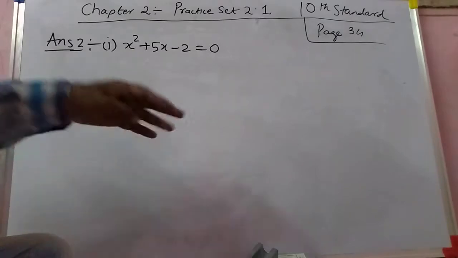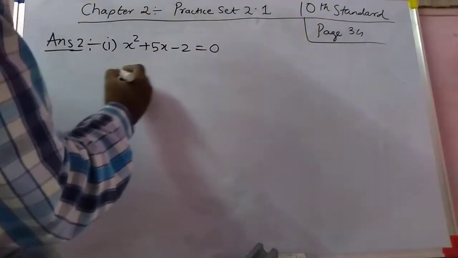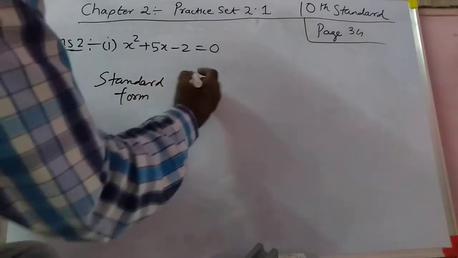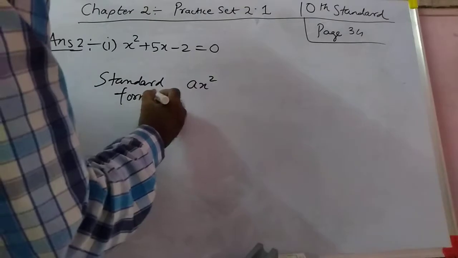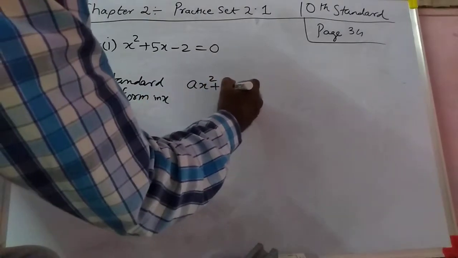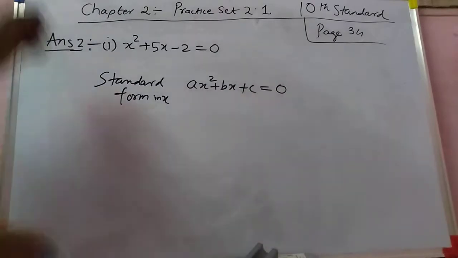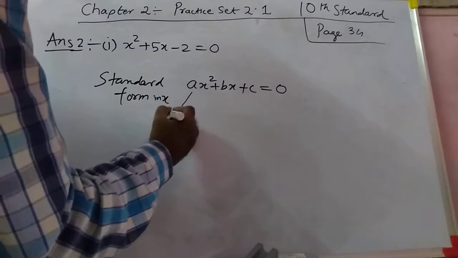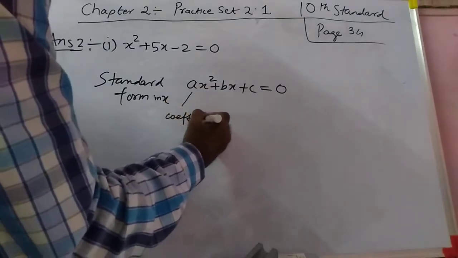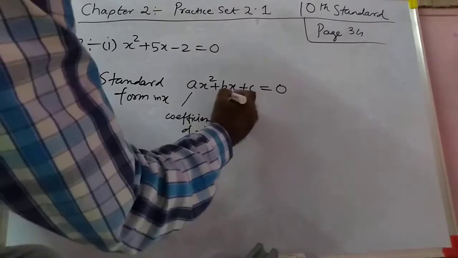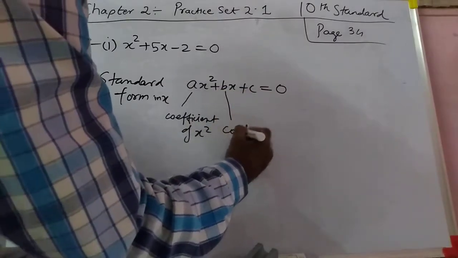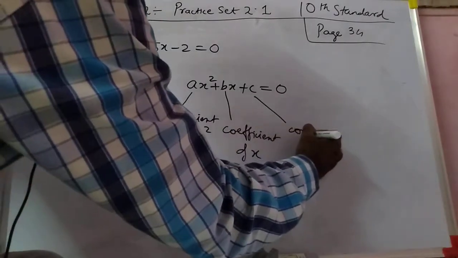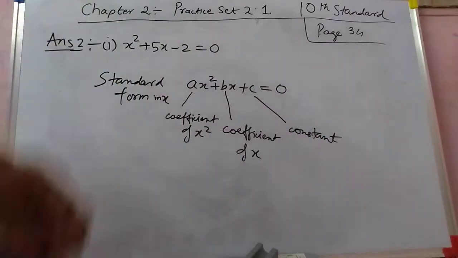So for that you should know the standard form. Okay, standard form. Standard form is ax square plus bx plus c is equal to 0, and a is the coefficient of x square, and b is the coefficient of x, c is the constant.